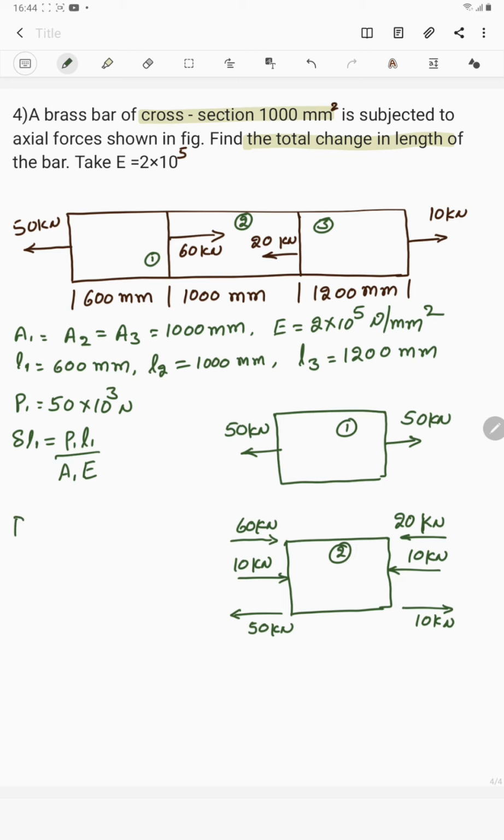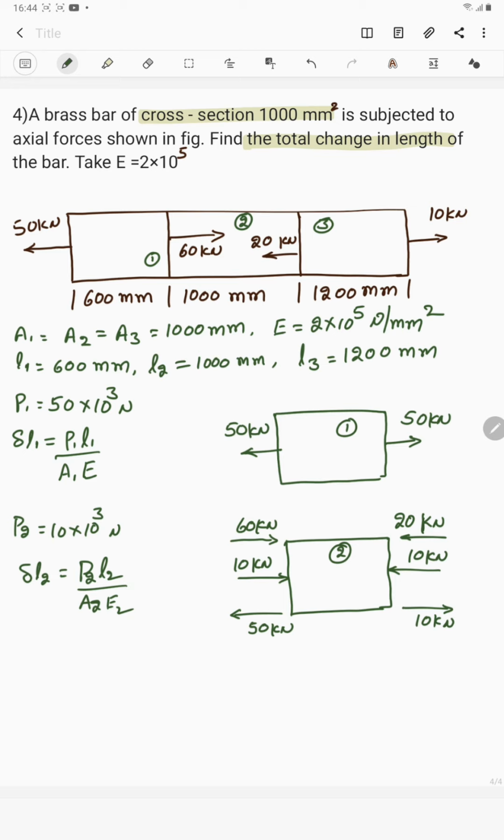That means P2 equal to 10 into 10 power 3 newtons. Then find the change in length for section 2. Change in length for section 2 is delta L2 equal to P2 L2 by A2 E2.